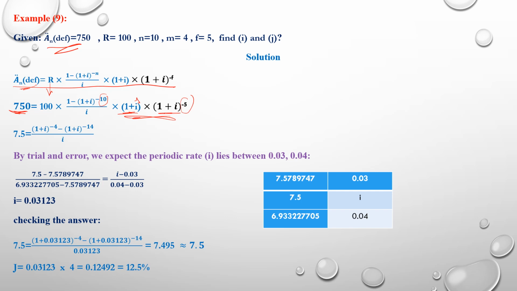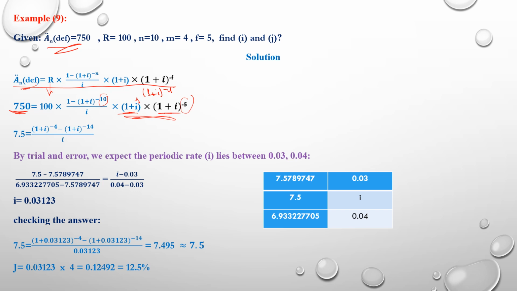And if we have two quantities multiplied with each other with the same base, we add the powers. So 1 minus 5 equals minus 4. So this quantity will turn to (1 plus i) to the power of minus 4.